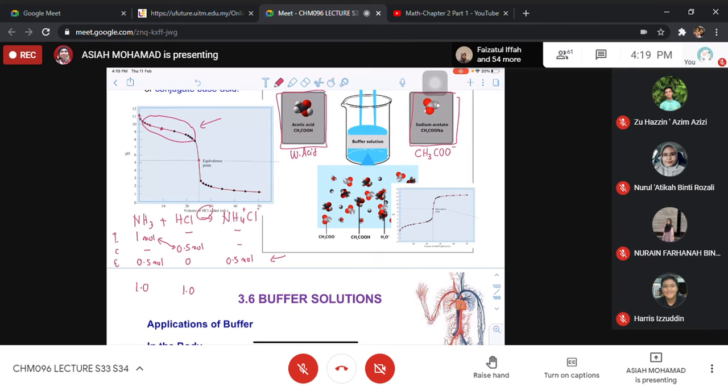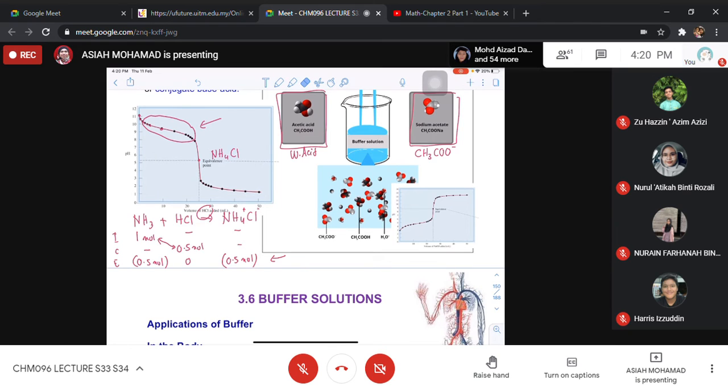Okay, kenapa dia buffer region? Sebab at that point, dia ada dia punya weak base and its conjugate. Okay, sebab bila dia dah sampai equivalent point, yang ada hanyalah salt and NH4Cl. Okay, at equivalent point yang ada hanyalah salt. Tapi sebelum dia produce, everything converted to salt.